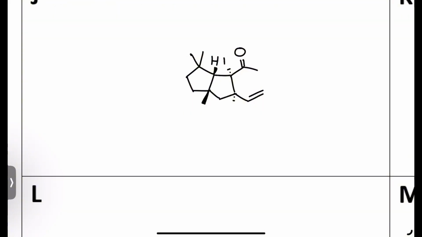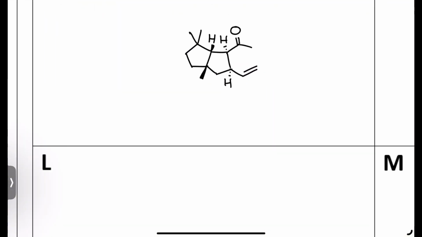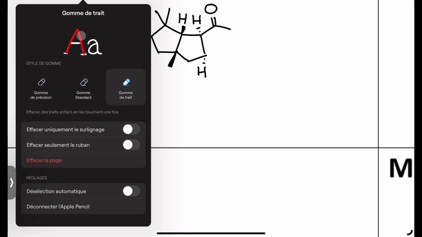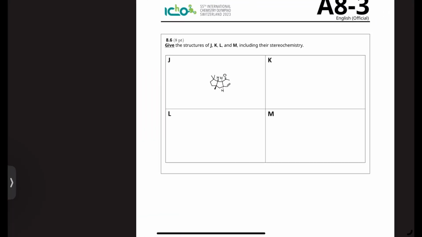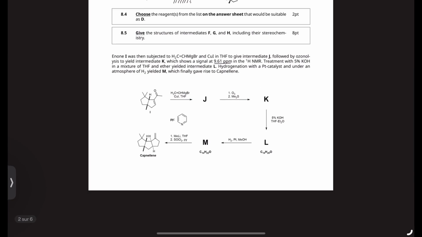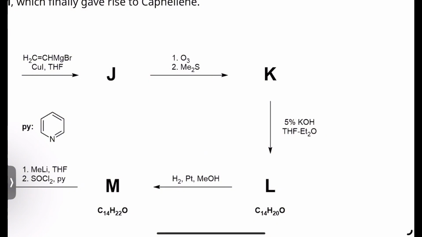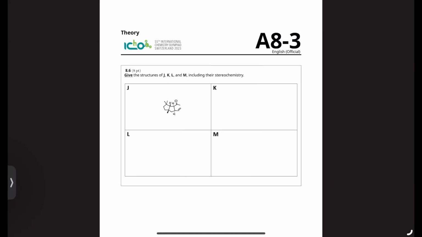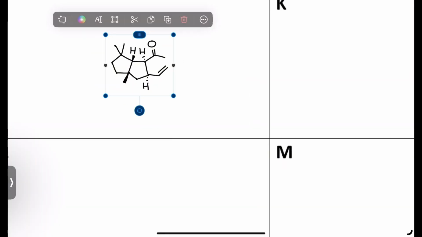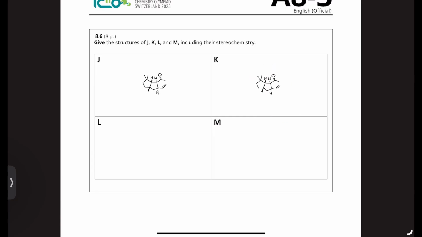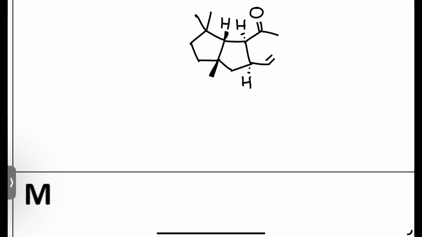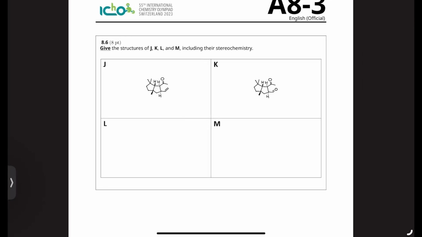Now it's been given that both of these hydrogens are dashed. So I'm just going to draw it like that. Great. Now we treat it with what? Ozone over dimethyl sulfide. So that will change our alkene into a ketone or aldehyde or carbonyl. So it's going to be like so.